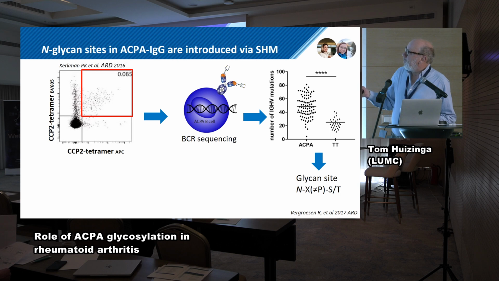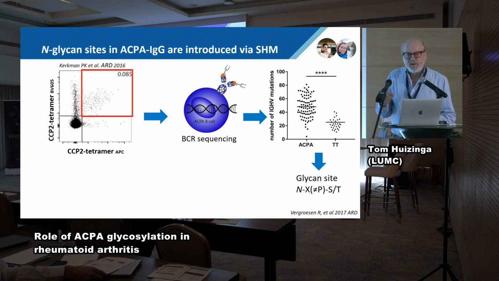If you look at the number of mutations on the y-axis, comparing tetanus and ACPA, you see that it is much higher. And we also saw that it is not a random thing. The B cells continue to hypermutate until they have this glycan site.